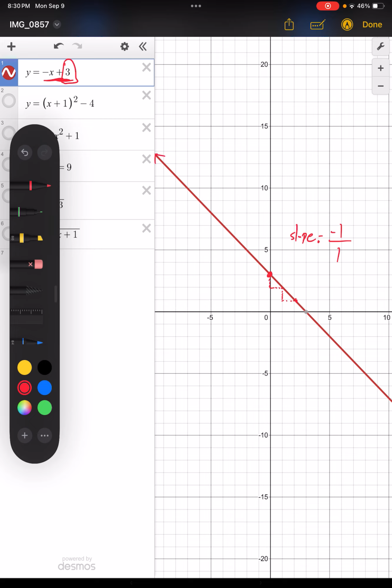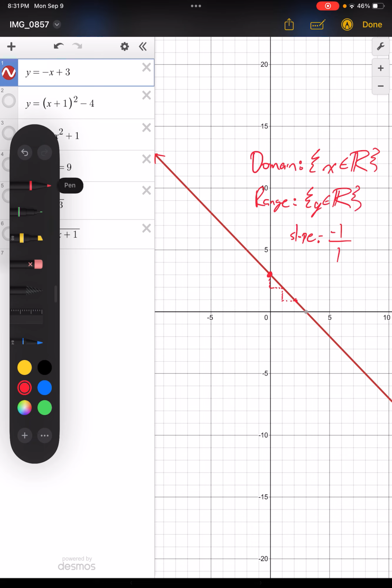As you can see, the domain is x is an element of R, and the range is y is an element of real numbers.